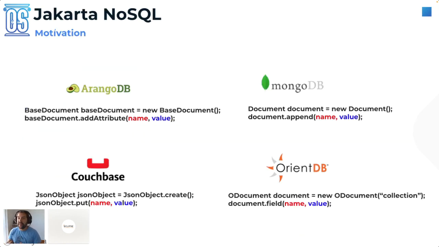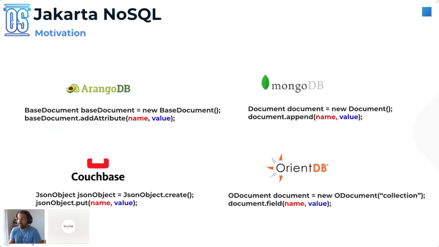And that is exactly the motivation behind Eclipse JNoSQL. As you can see here, I have four different NoSQL APIs, and those APIs are doing exactly the same thing. I have my ArangoDB, MongoDB, Couchbase, and OrientDB, where each one creates a new document class to finally include new information.